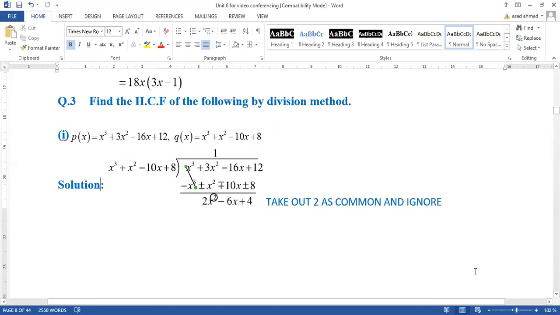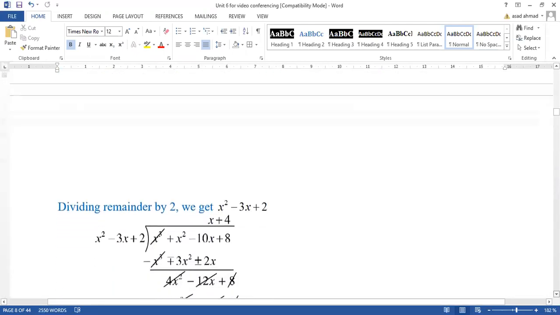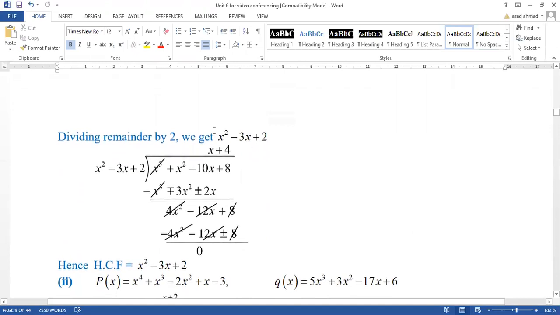So taking the constant common, as you can see, if you take out 2 as common, we will get these 3 terms. So this reduced-power expression will become the new divisor, and the old divisor will become the dividend. We would write that dividend inside and start the division again. You can see that this is x to power 2, this is x to power 3.